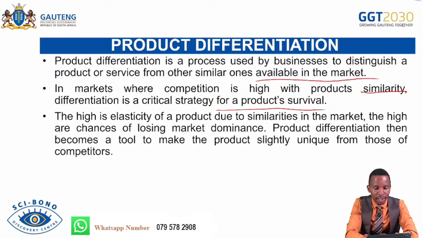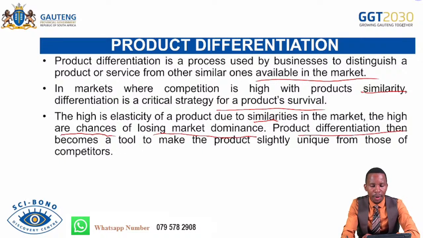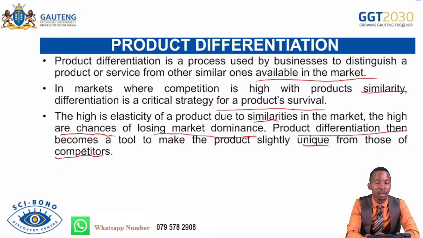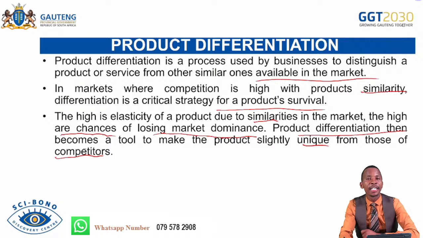There is a high elasticity of product due to similarity in the market. There are high chances also of losing the market dominance. Product differentiation then becomes a tool to make the product slightly unique from those of the competitors. So like I've said before, the differentiation of the product becomes a greater tool to make goods appear more unique from those of the competitors.